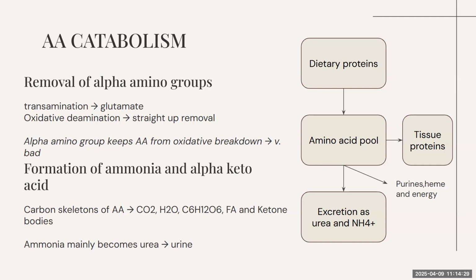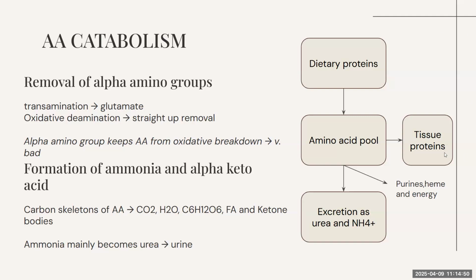The carbon skeleton can be used as an intermediate in a lot of the energy-producing pathways, which later on produces carbon dioxide, water, glucose, fatty acid, ketone bodies. Ammonia mainly becomes urea, which gets excreted as urine.